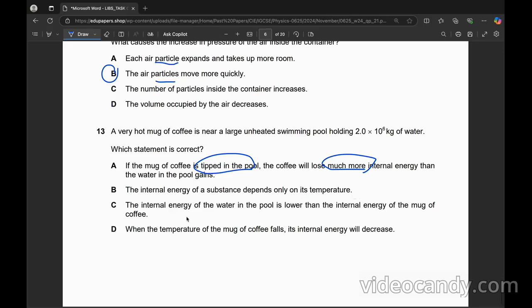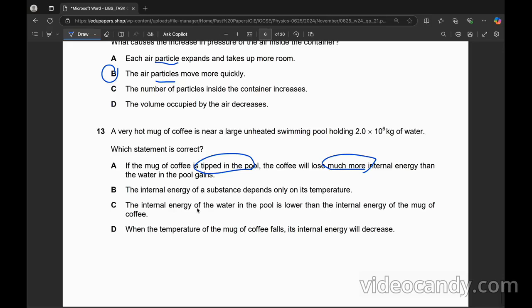C: the internal energy of the water in the pool is lower than the internal energy of the mug of coffee. And when you just think about it, this looks kind of true because the coffee is hot and the water is cool somehow. But you can't really assume that, as I mentioned.